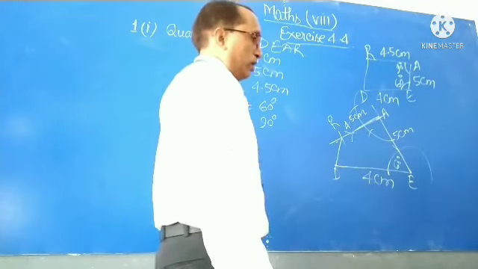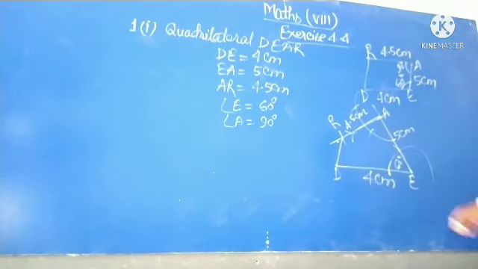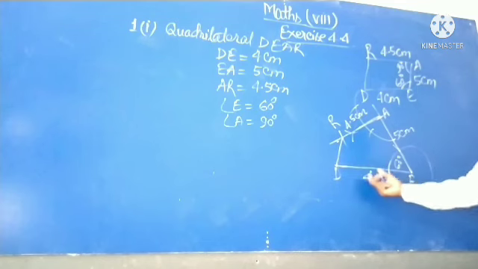After construction, you write steps of construction of this quadrilateral like this. First, you write draw a line segment DE is equal to 4 cm.